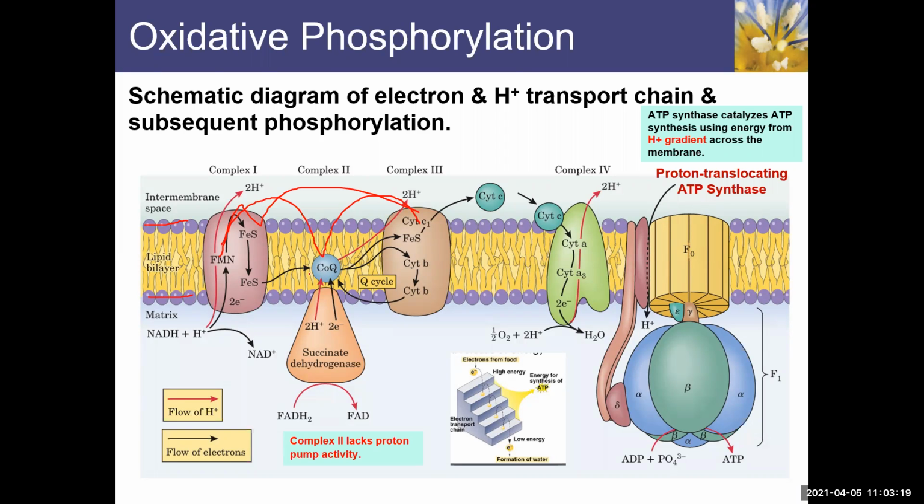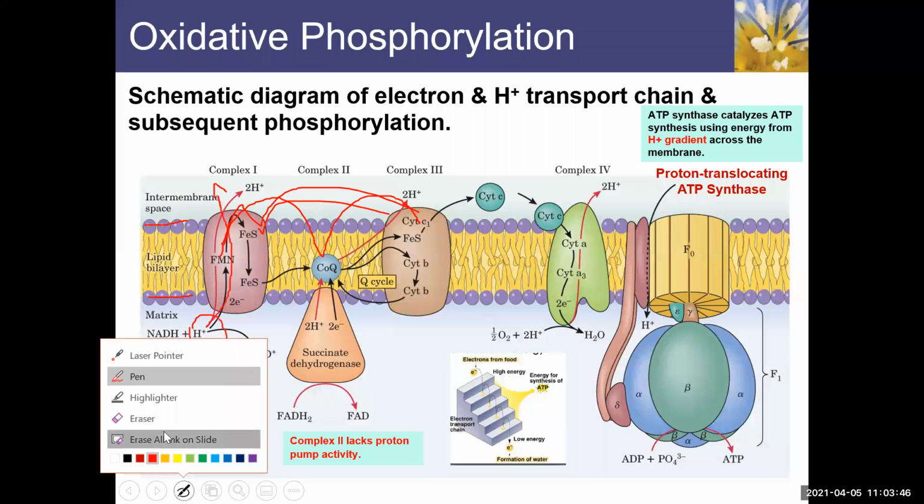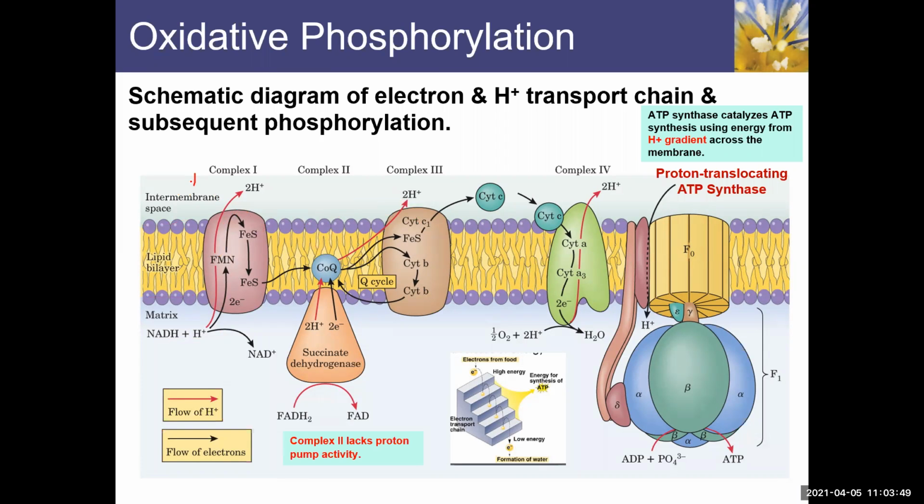As the electrons move from one carrier to the other carrier, they release some of the energy from those electrons, and that energy is used to pump the protons into the intermembrane space. So let me erase this here. You will see that at the end of the electron transport chain, there will be plenty of protons present in the intermembrane space.